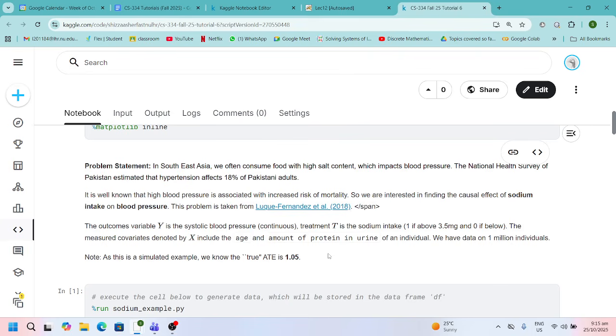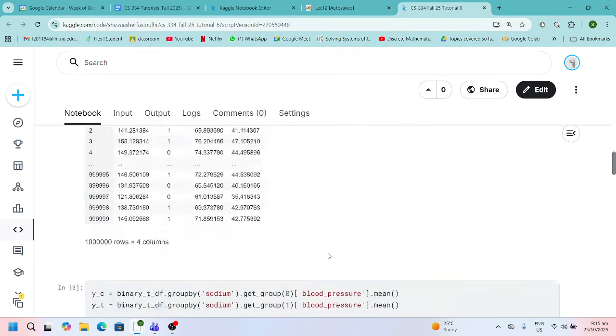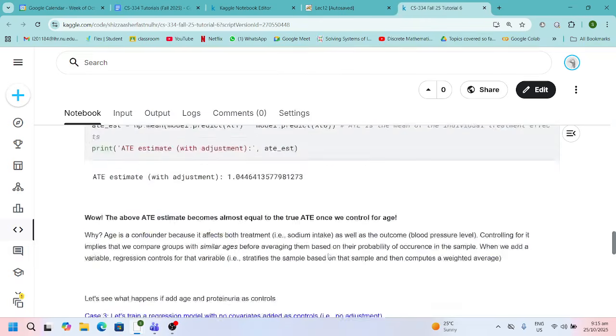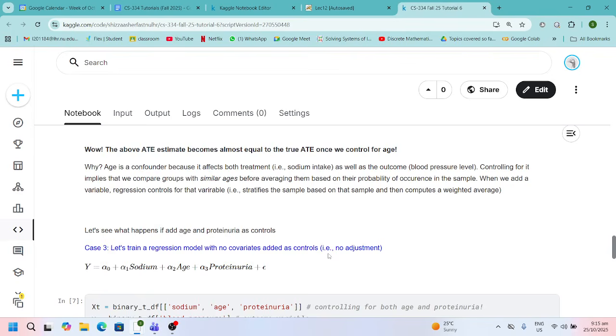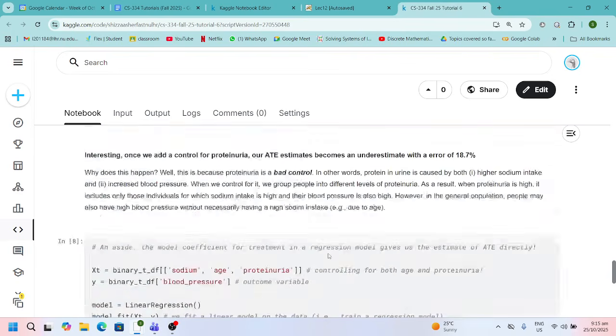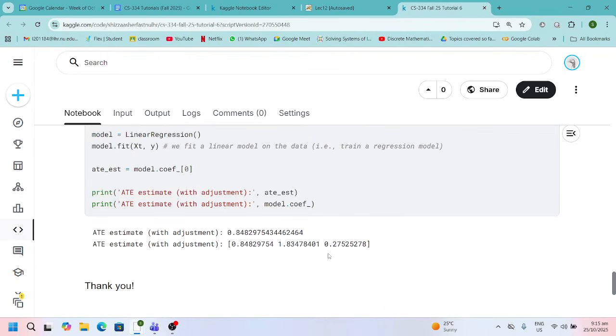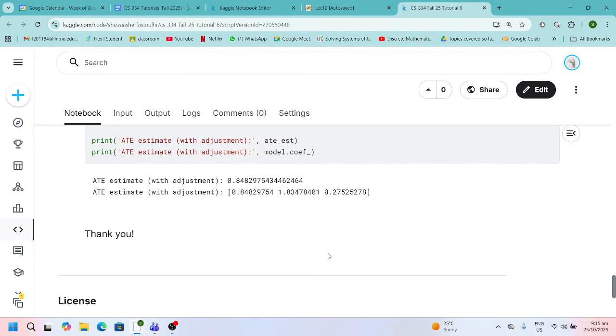Both my treatment and my outcome have a common effect, which is protein in urine. And this is my problem. You do not control for colliders, because when you do control for colliders, you introduce collider bias. So when I put the collider into my regression equation, my result was an underestimate.